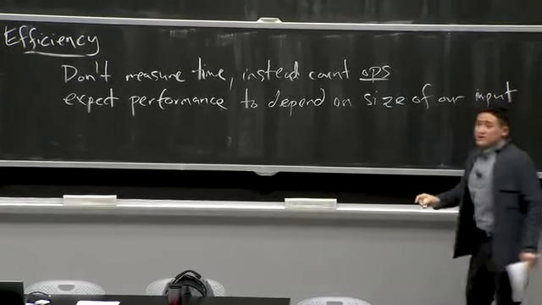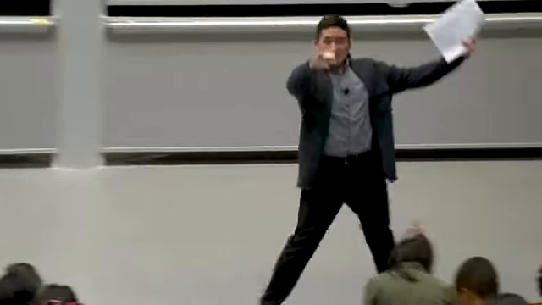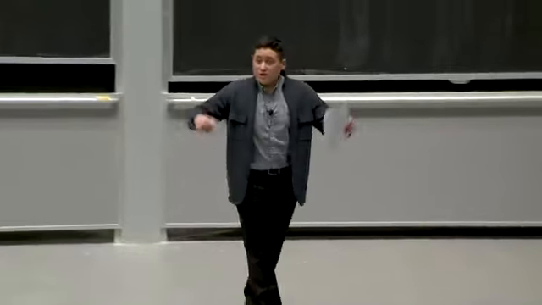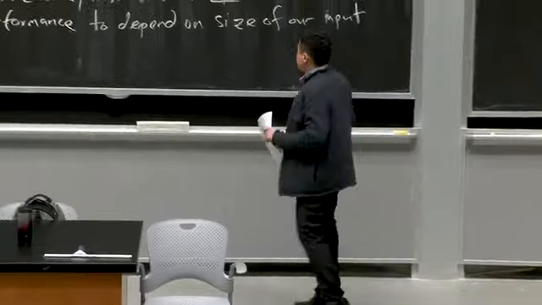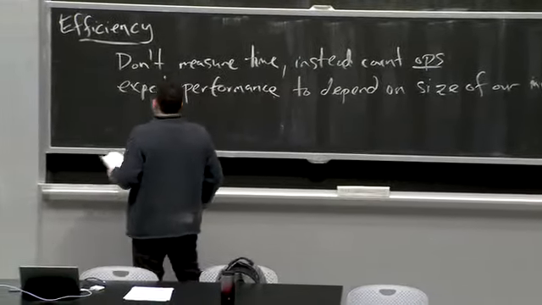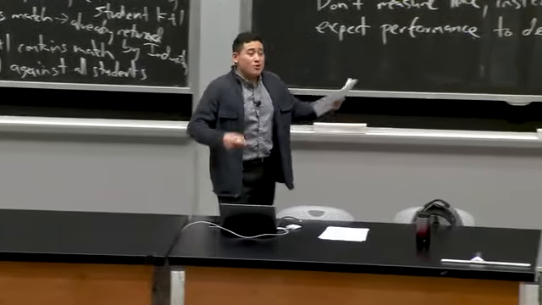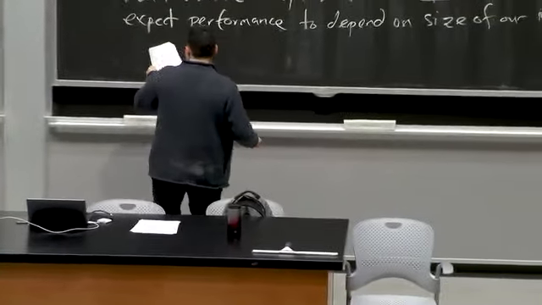If we're trying to run an algorithm to find a birthday in this section, we expect the algorithm to run in a shorter amount of time than if I were to run the algorithm on all of you, right? So we expect it to perform differently depending on the size of the input, and how differently is how we measure performance relative to that input.